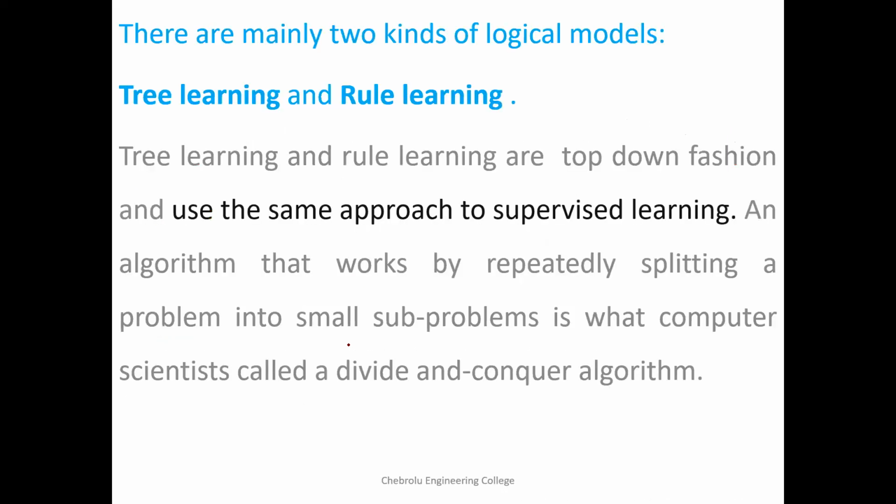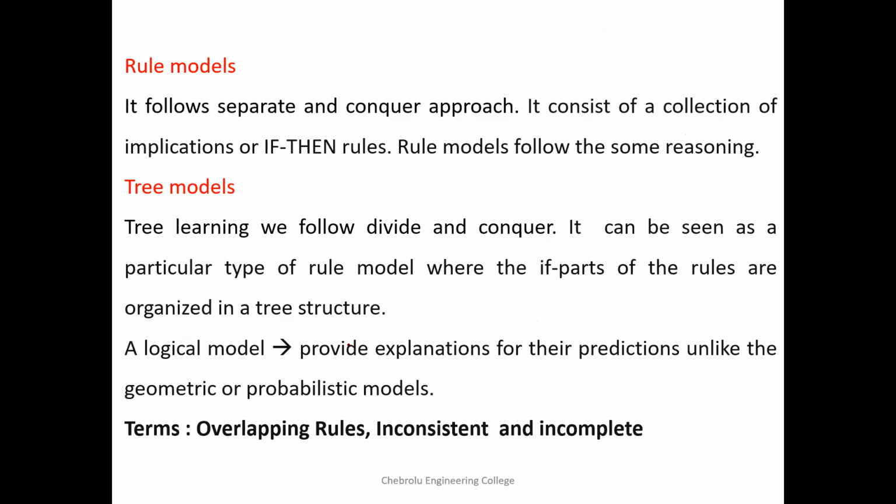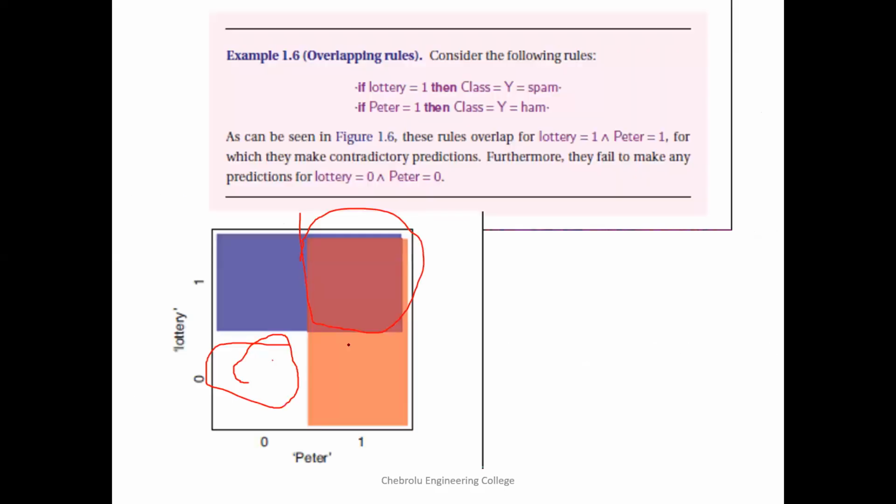We have here rule models and tree models. A rule model means it is made with if-then-else. A tree model means the same if-then-else is written as a tree, and that is called a tree model.